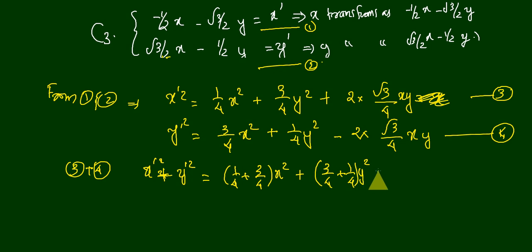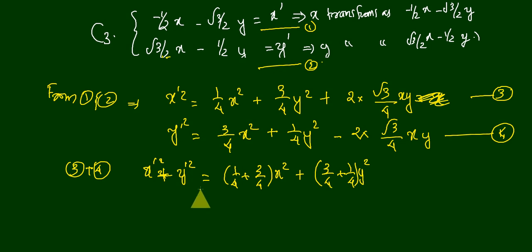Okay, minus 2 into root 3 by 4 xy plus 2 into root 3 by 4 xy. അപ്പോൾ അത് രണ്ടും കൂടെ ചേർത്ത് 0 ആയിക്കോളും. So that is equal to x dash square plus y dash square. അപ്പോൾ ഇതാണ് പുതിയ ഇക്വേഷൻ.